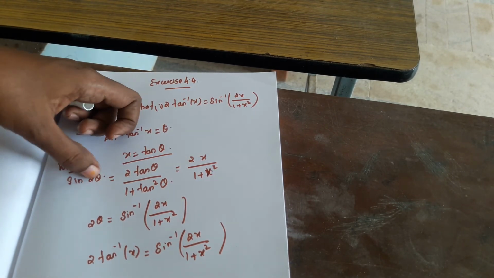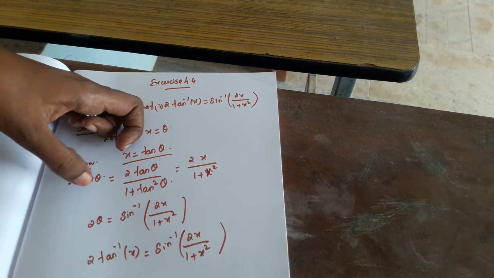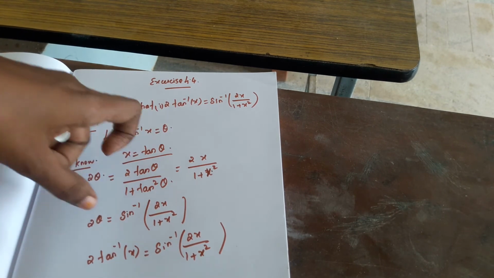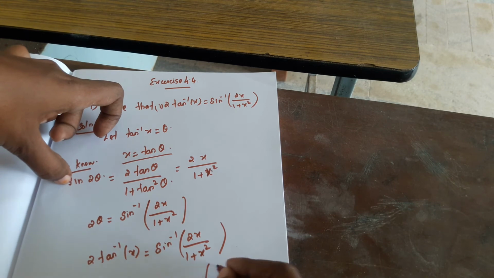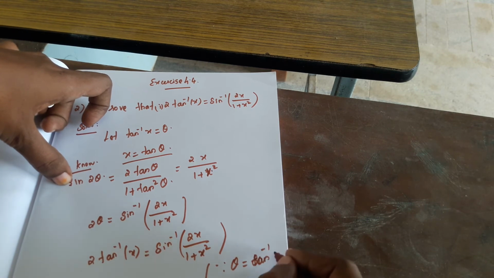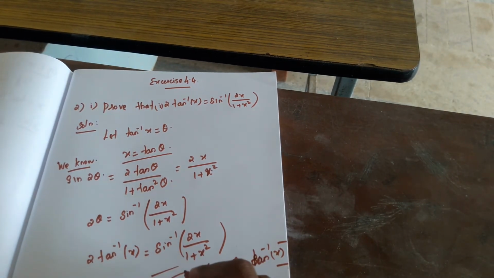So sine 2 theta is equal to this value, and from that 2 theta equals sine inverse of this. In the place of theta, you apply theta equal to tan inverse of x. This is the answer. Understand, students?